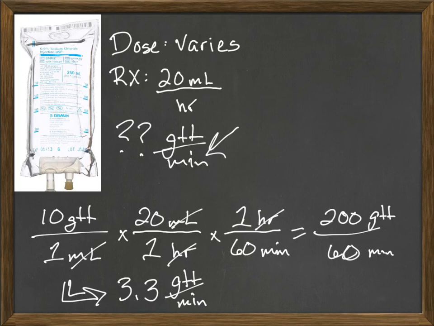So if we're given 3.3 drops per minute, if we want to know about however many seconds that is, we know there's 60 seconds in 1 minute, so we can take that 60, divide by that about 3, and that's going to give us approximately 1 drop every 20 seconds.